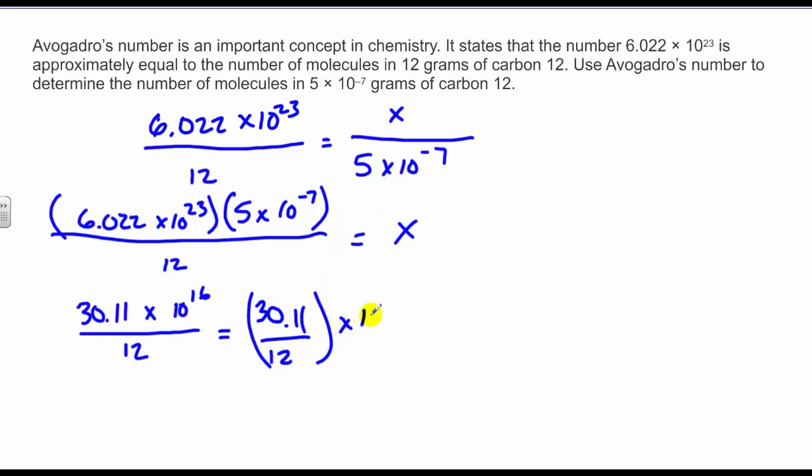That's going to be times 10 to the 16th. Turns out 30.11 divided by 12 is about 2.509. And I'm just going to multiply that by 10 to the 16th. And that's all we got.